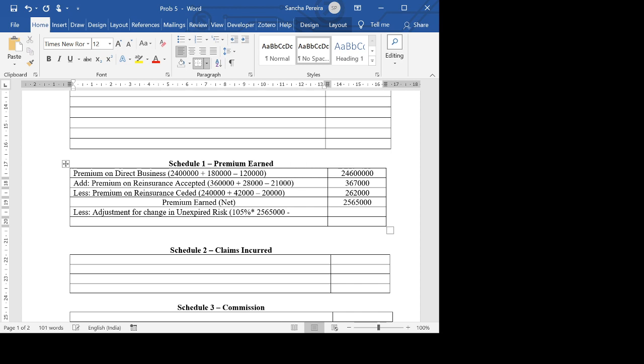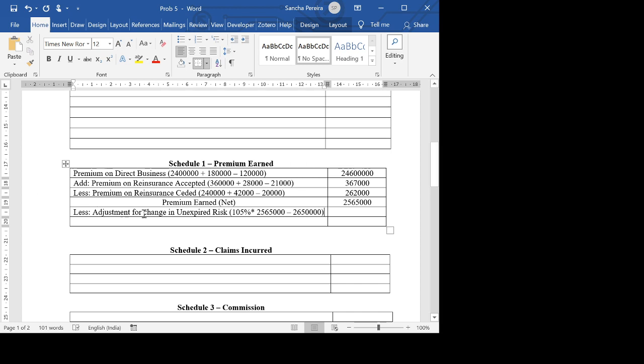And from this, I have to minus last year's reserve, which they have already given. Balance of fund on 1st April 2017 was 26 lakhs 50,000, including 3 lakhs 25,000. So 26 lakhs 50,000 already includes the additional reserve.